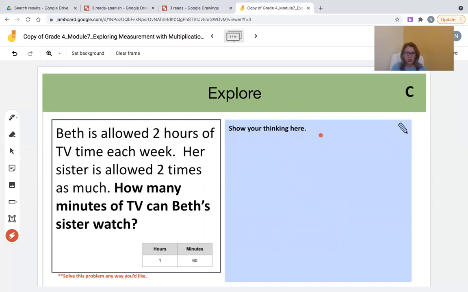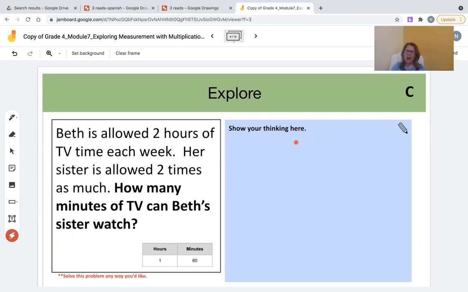We are going to use a measurement conversion table to help us solve this word problem. Also think about that this is a multiplicative word problem, so multiplication will be needed. Show your thinking in this blue section. You may press pause and press play when you are ready to continue.